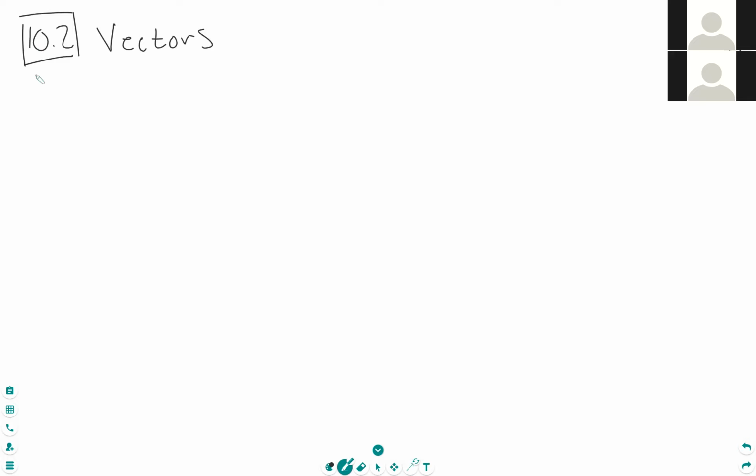So a vector, which we'll denote with an arrow on top of the symbol. In this case, this is the vector v. In Rn, meaning that we're in the reals with a dimensionality of n.